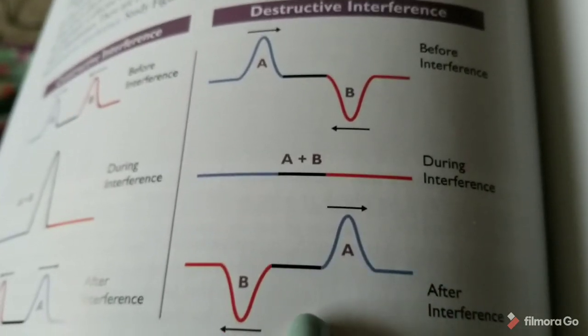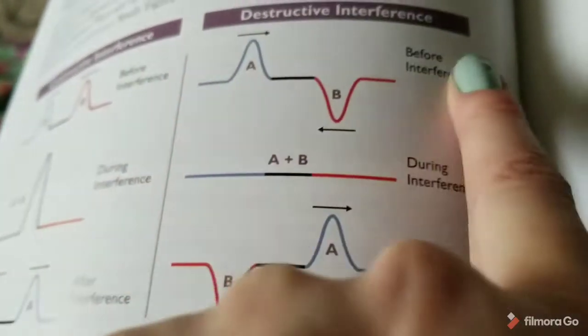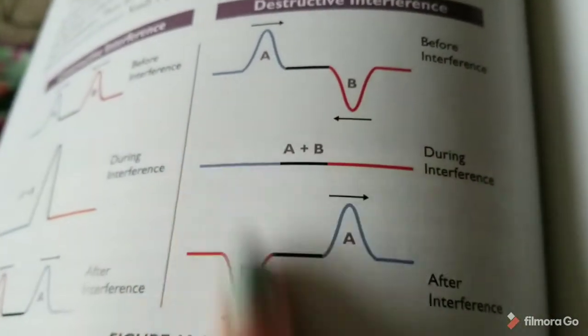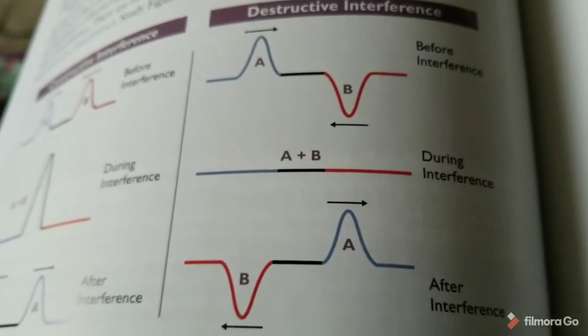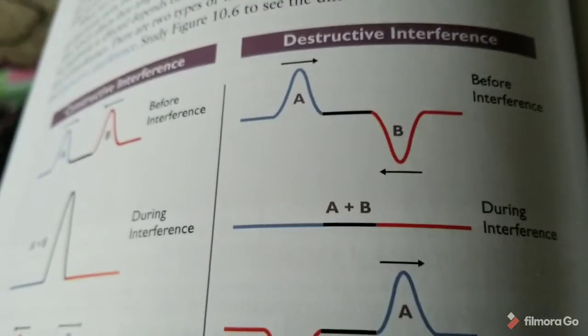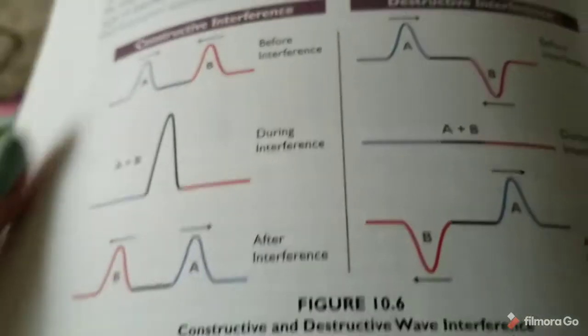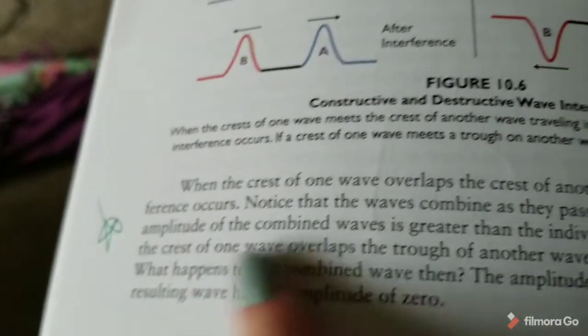What? And then they keep going just like the other one did. So A keeps going this way, B keeps going this way, and they keep on going on their way. But for just a second, instead of making each other bigger, they completely cancel each other out. Fascinating. I wrote here that I wanted to read this, but I just summed it up for you.